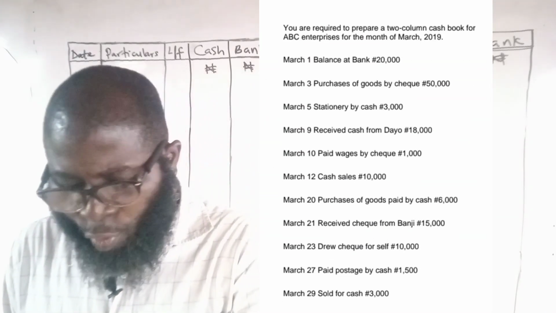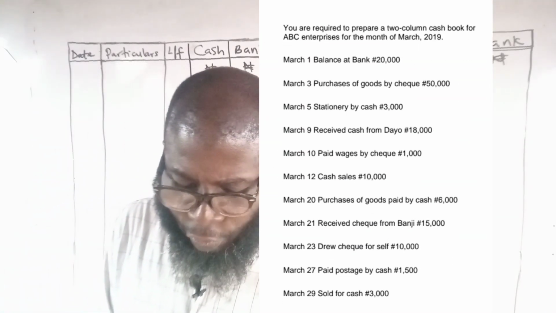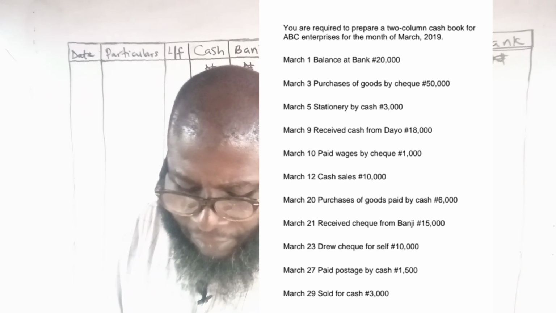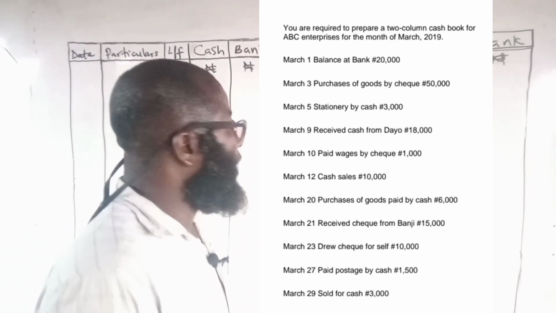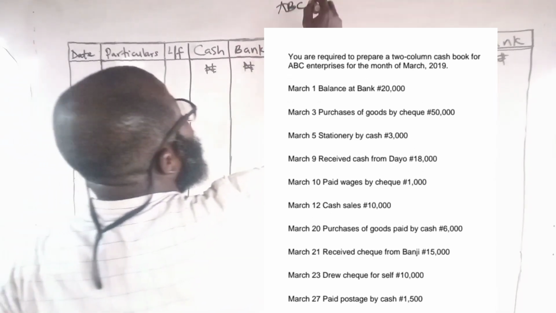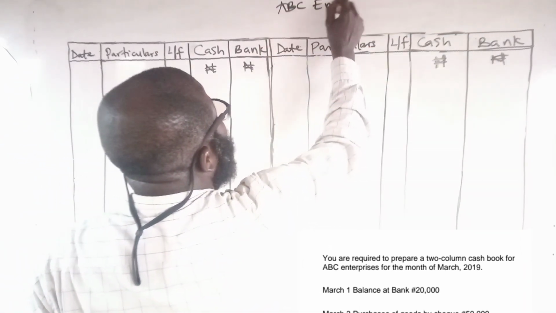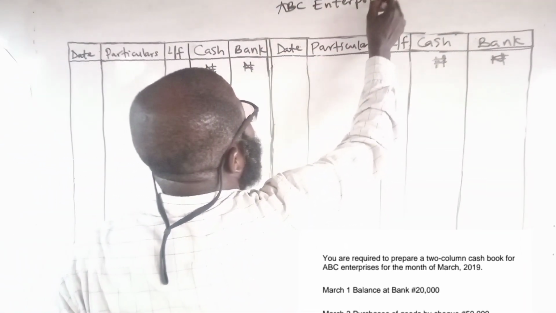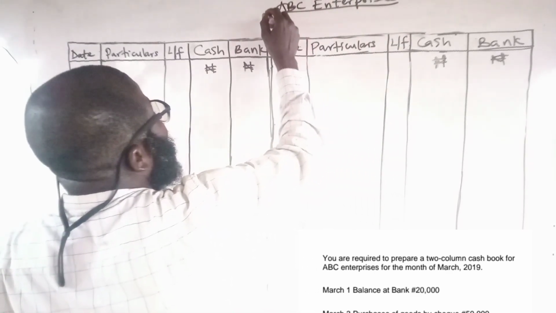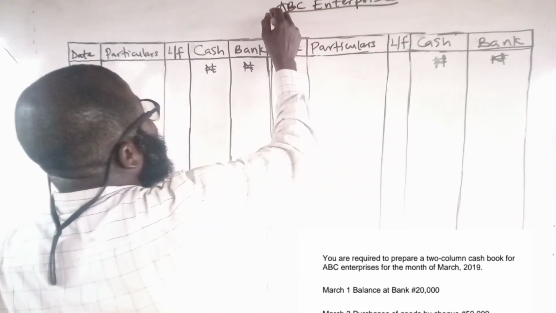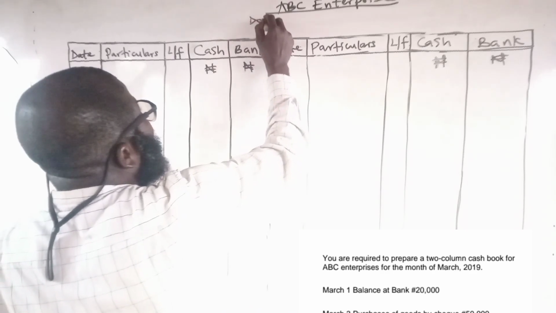You are required to prepare a 3-column cash book for ABC Enterprises for the month of March 2019. Therefore, we write ABC Enterprises. This is important while you are preparing your account. Then, what type of account are we preparing?